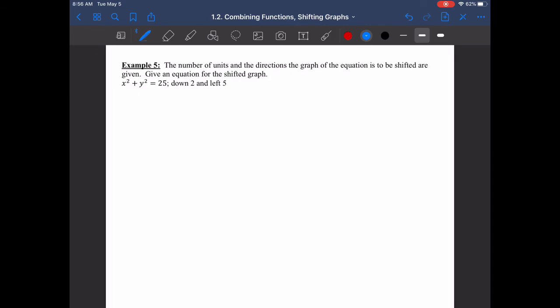Example 5. The number of units and the directions the graph of the equation is to be shifted are given. Give an equation for the shifted graph. So we're going to shift it down 2 and left 5. All right, I'm going to let y'all try this one. I just want you to note that this is actually the equation for a circle.